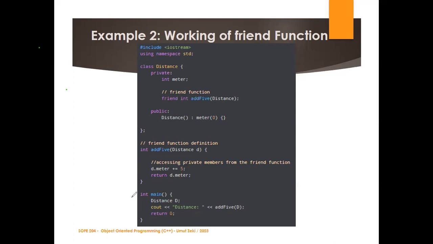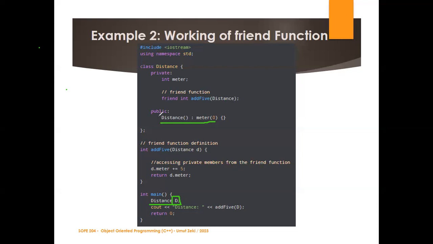In this example, we are again using a friend function. We created an object from the Distance class. And when we created the object D, let's check if we have a constructor. We have a constructor here. This one we didn't see before.